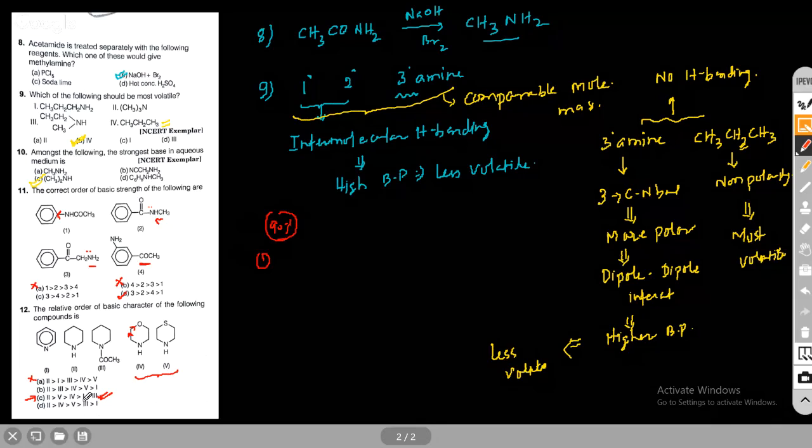Wait, Ritvik. First you tell me about first and second. I'm comparing. How is the second more basic than the first? How do you compare first and second? Because here also we have a lone pair available, right? It is not involved in resonance, and here also we have a lone pair available. Then how do you compare these two? Correct, correct. So that is true in first and second both.